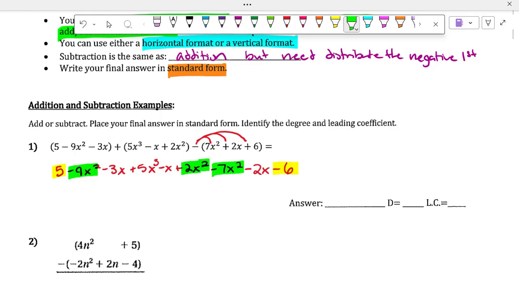Good. So all the x squareds. All right. Elizabeth, pick someone else. Good. And then since the 5x cubed is on its lonesome, we still have it as a different color, but it's just kind of there.